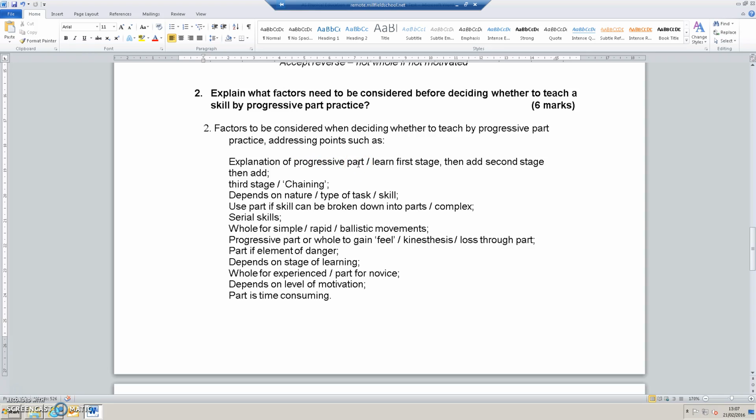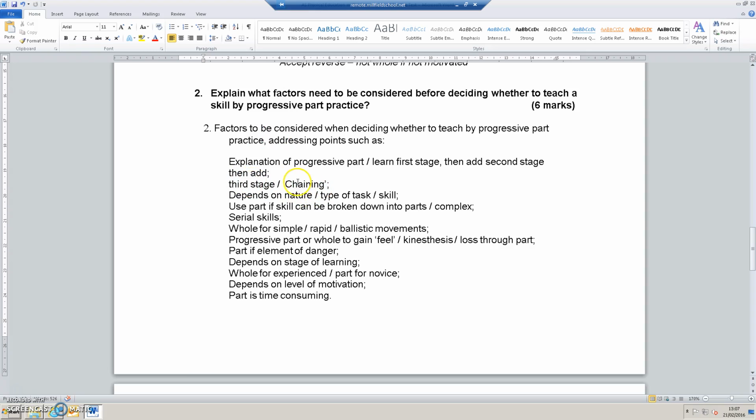So you need to be sure that you know that with progressive part practice you learn the first stage, and then once you've learned the first stage you add the second stage to it, and then you complete stage 1 and stage 2 together, and then you add the third stage and you put stage 1 and stage 2 and stage 3 together, and you'd carry on in that cycle in that way.